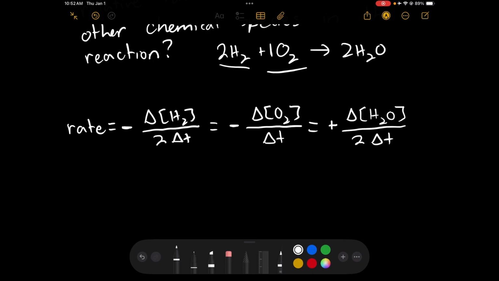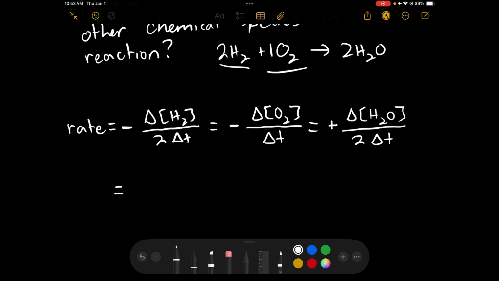Now, you have this relative rate expression, and I'm going to venture a guess that that looks a little complicated. And if you're going to be doing math, we want to simplify a little bit. So I'm going to show you how to simplify this to make your math a little bit easier. What we're going to rewrite this as is we're going to pull out some fractions, and we're going to replace all the deltas and the brackets and everything with the word rate. Okay?